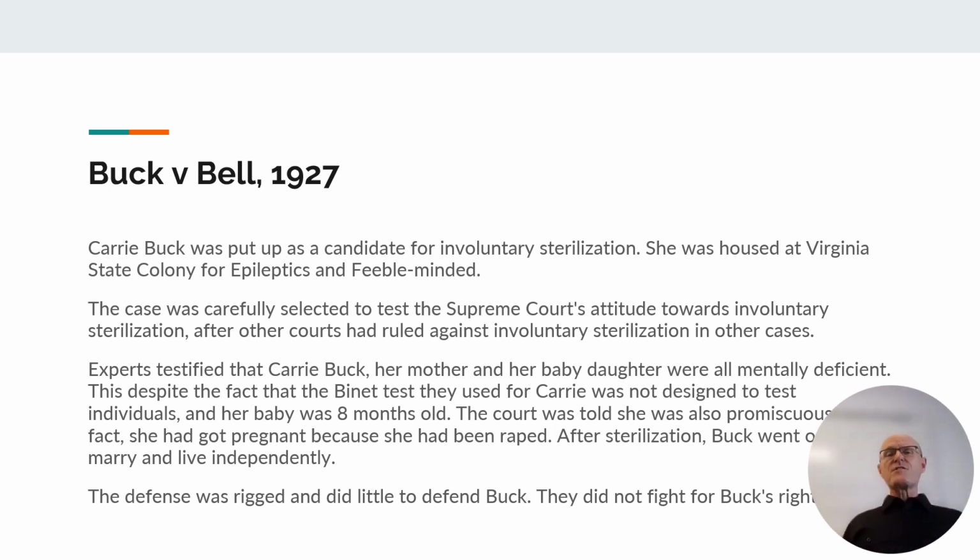What kind of evidence would you have that this is a mentally deficient baby? There is no such possible evidence. Maybe there are some developmental markers. If you actually look at the history, the kid was taken away from Carrie Buck and went on to be basically a normal kid in school. So the claim that the baby was mentally deficient was just completely wrong.